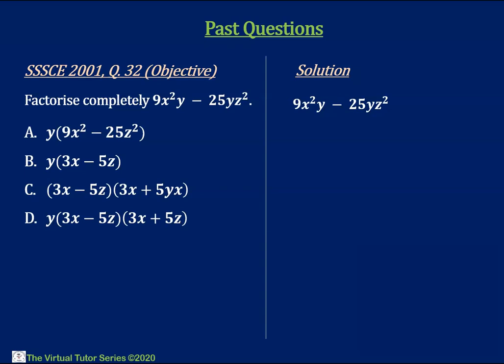Let's first factor y out to have y(9x² - 25z²). 9 can be expressed as 3², and 25 can be expressed as 5².